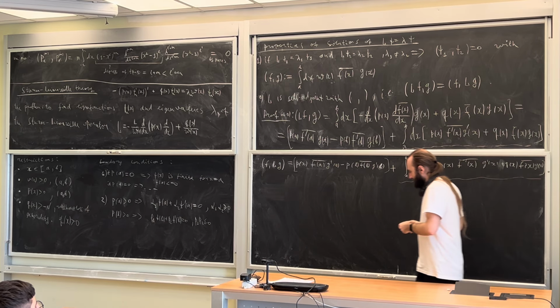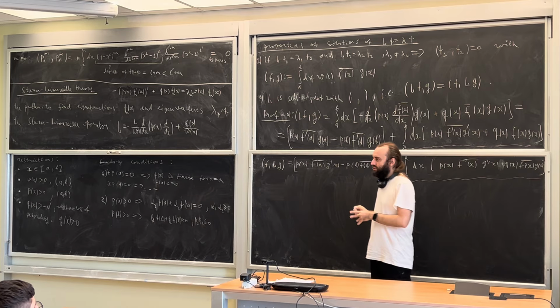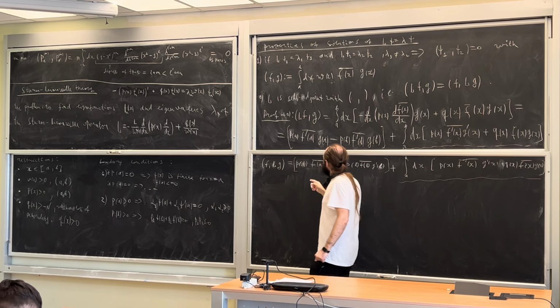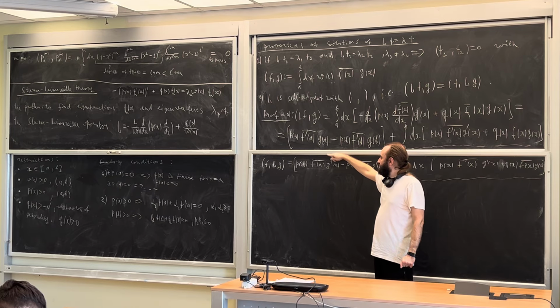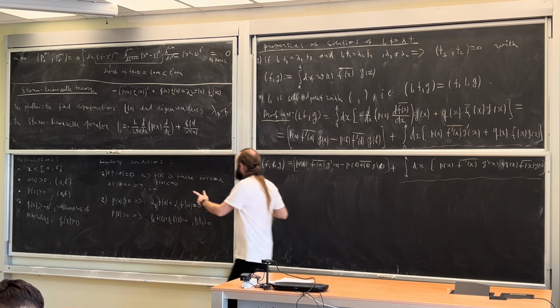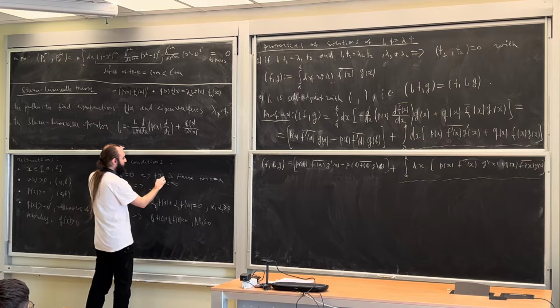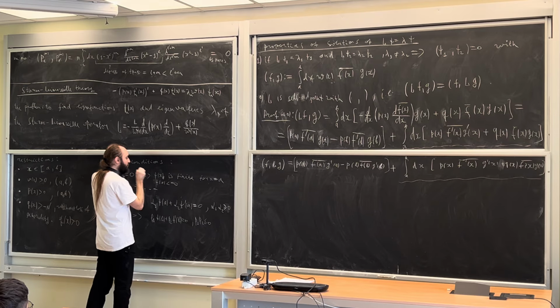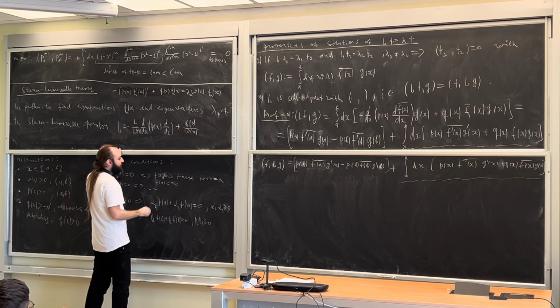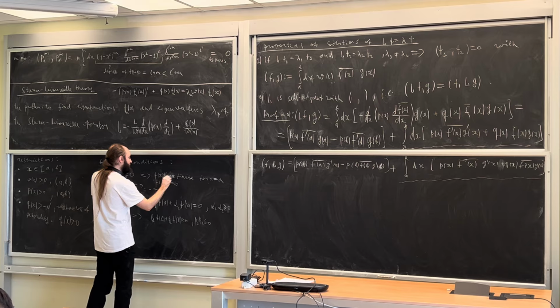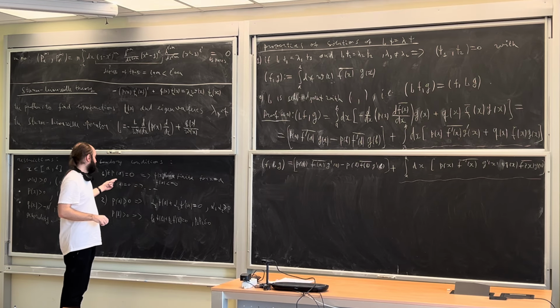And we need to pay attention to the boundary conditions. The first observation: if p of a is 0, to remove all pathological cases, we should also require that psi of x is finite as well. I don't remember, maybe it's enough to ask for psi, but maybe both of them.